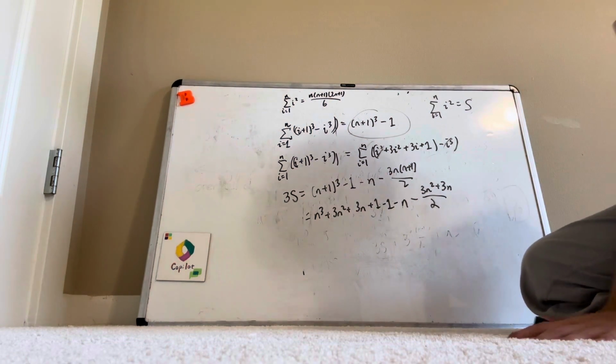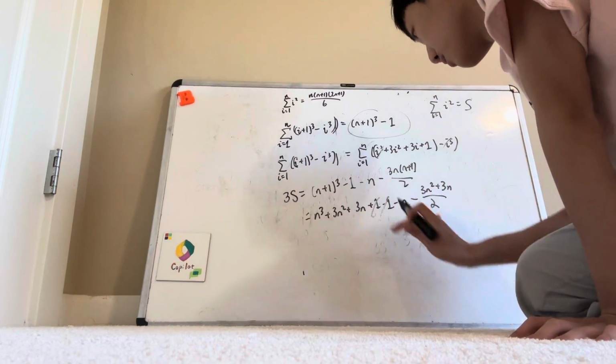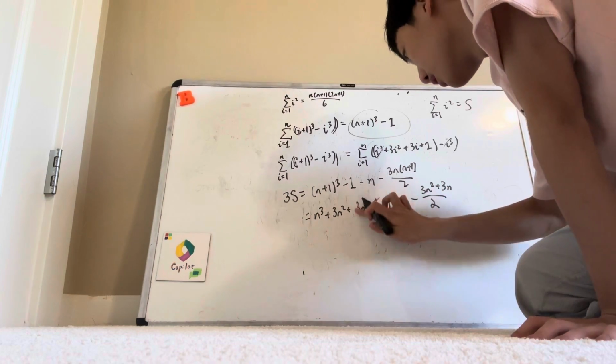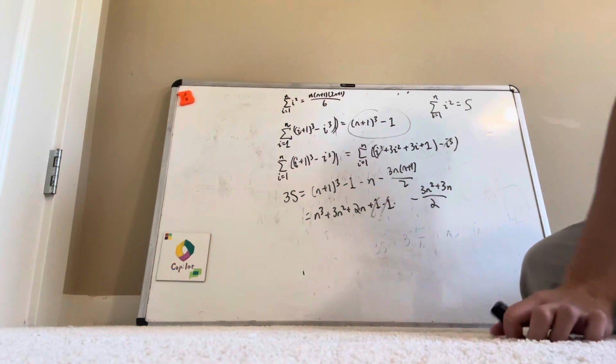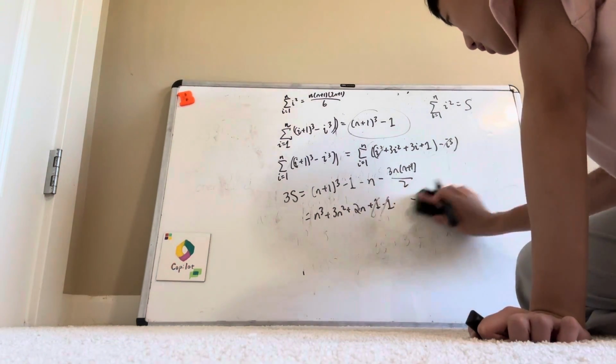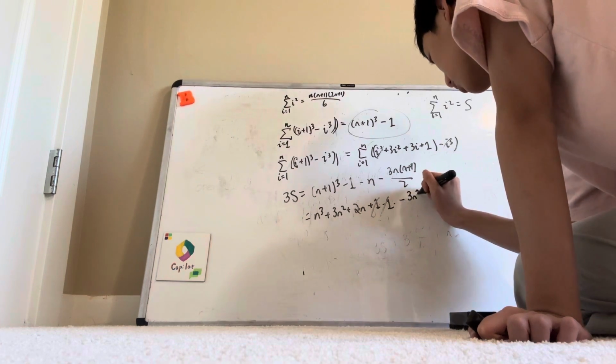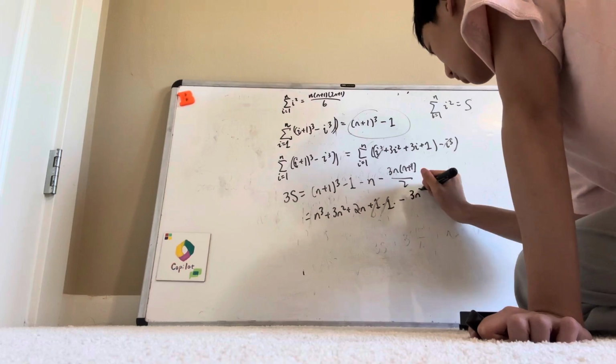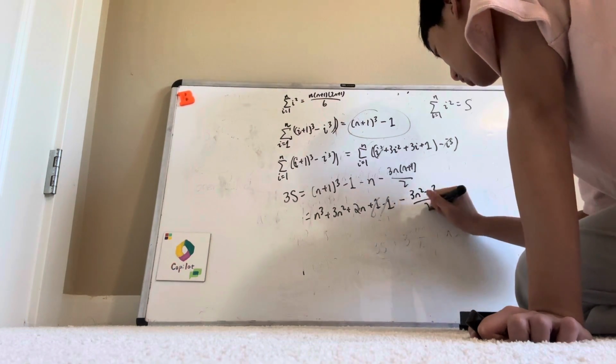Wow, that's a lot. But this cancels out. This turns into a 2n. And let's just split this up into here. It's 3n squared plus 3n over 2.